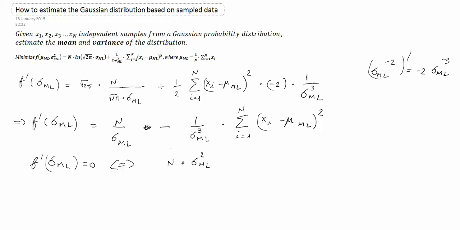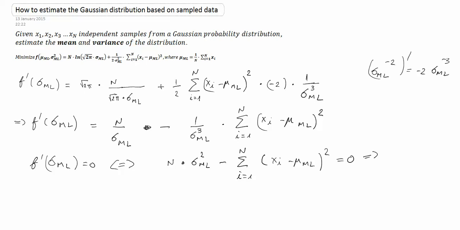I'm just multiplying by sigma ml squared above and below, minus sum from i equals 1 to n of xi minus mu ml squared equals 0.